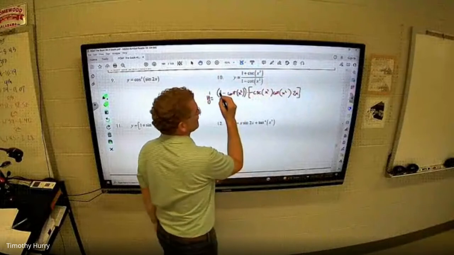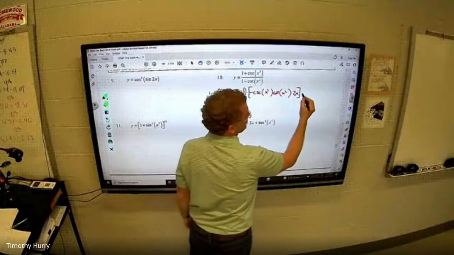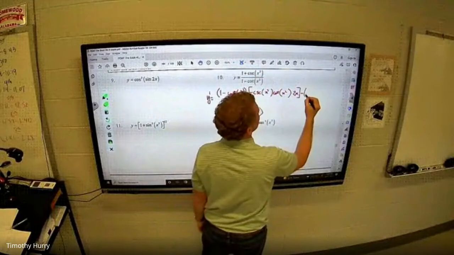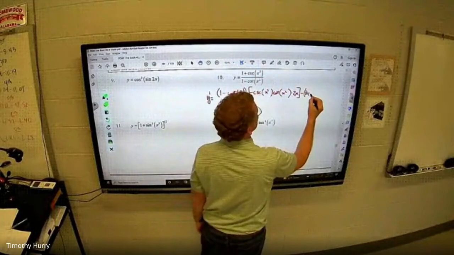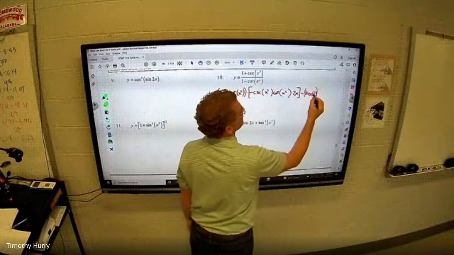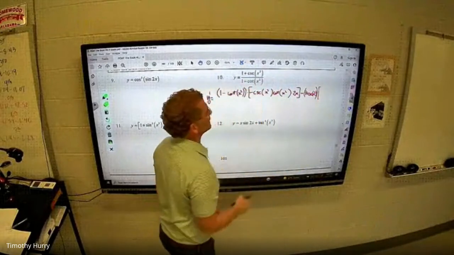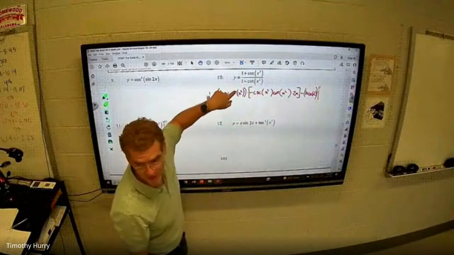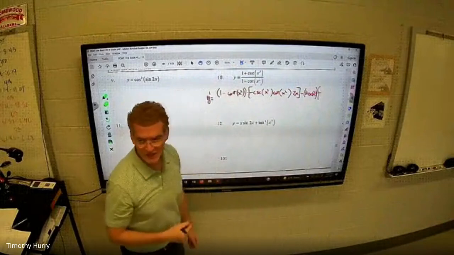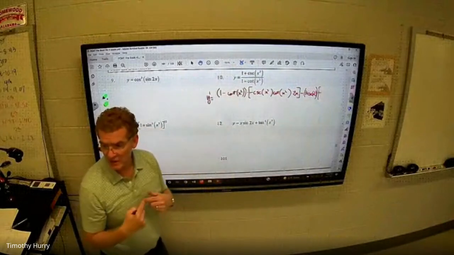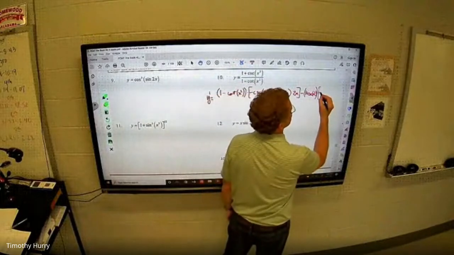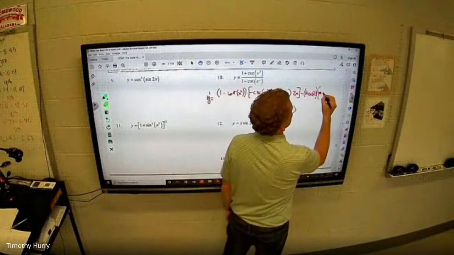So this is my low D high, and then I'm going to go minus high. I'm going to run out of room here, so I'm going to start writing really small. There's the high part. And then the D low, again, is going to be 0 minus, and the derivative of cotangent is negative cosecant squared. So negative, and you can put 2 negatives or just change that to a positive.